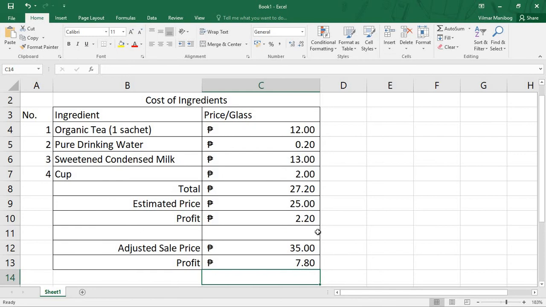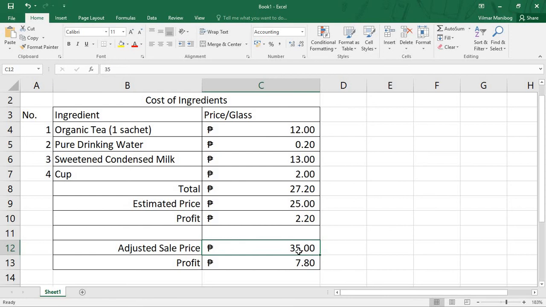But the discussion I've made is purely in the textbook. Kinopya ko lang siya sa textbook. So if we're going to apply it in real life, we can say that this price is just prescriptive. Hindi yan siya pilitan presyo. It's up to you as a businessman or as an entrepreneur to adjust your price.